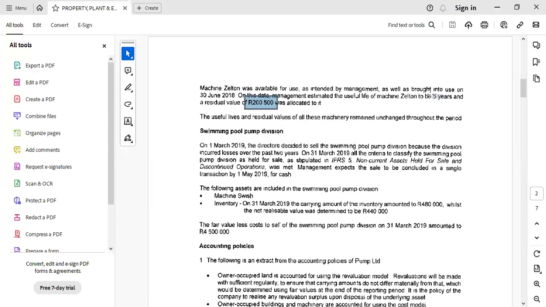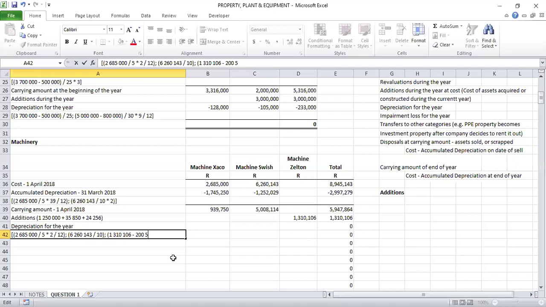So it'd say 200,500. Then we divide by 5. Then we multiply by, remember that it was only available for use on 30 June 2018. So you should be very careful.